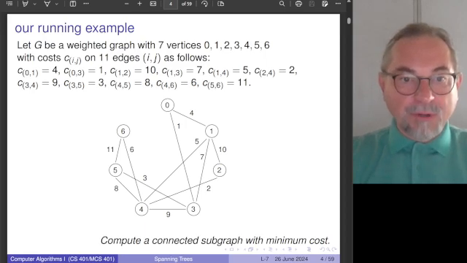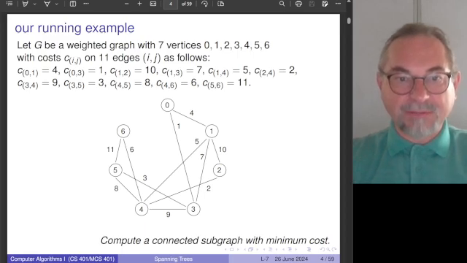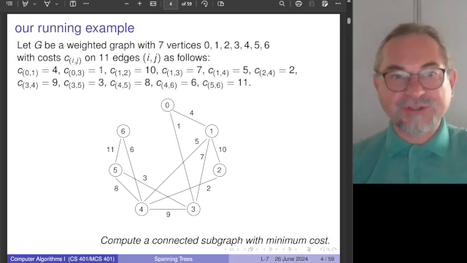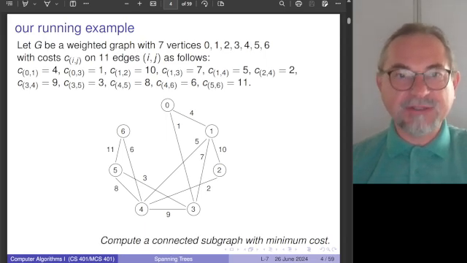So our problem is to find a connected subgraph, start modifying this graph, select certain edges so that the sum of the costs is minimal. And here you can see the sum of the first 11 natural numbers was taken as the costs. So this is a very regular example.